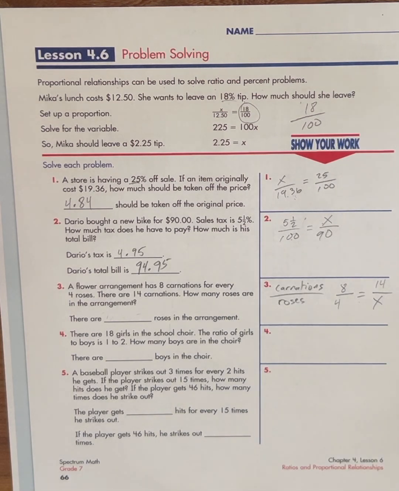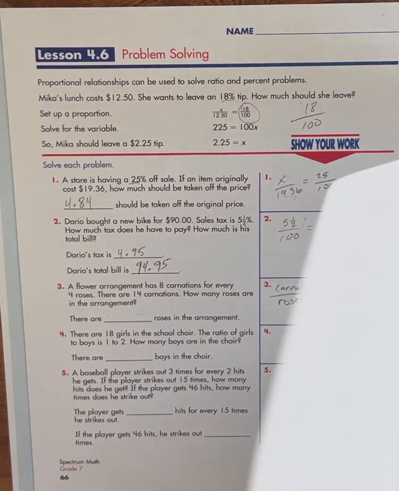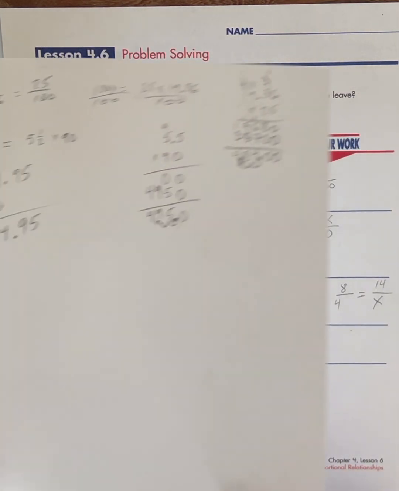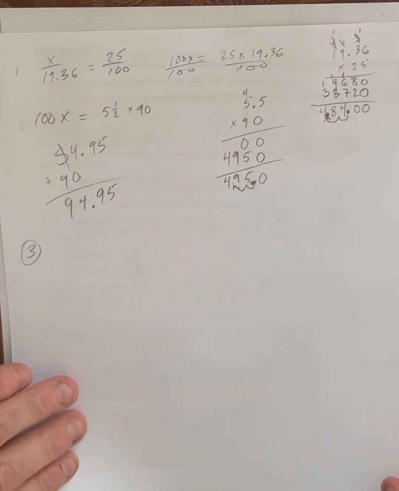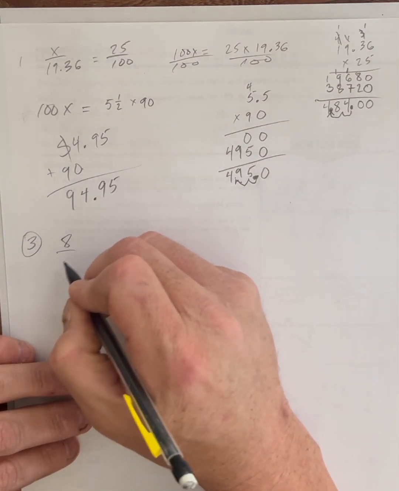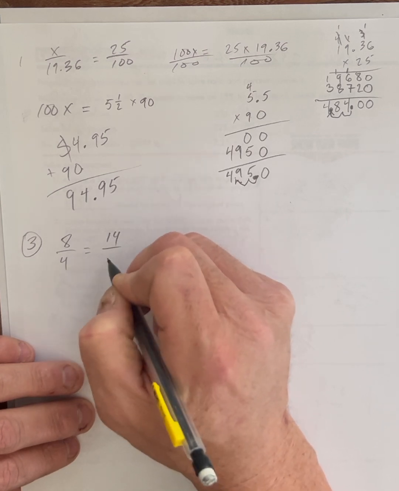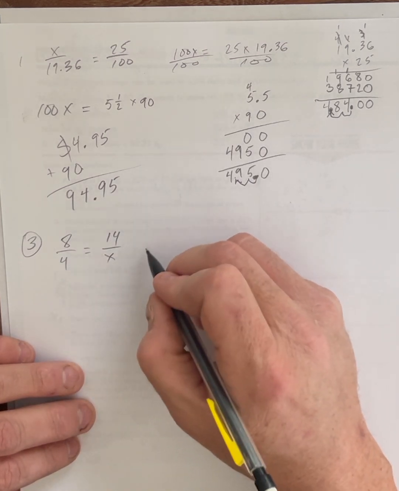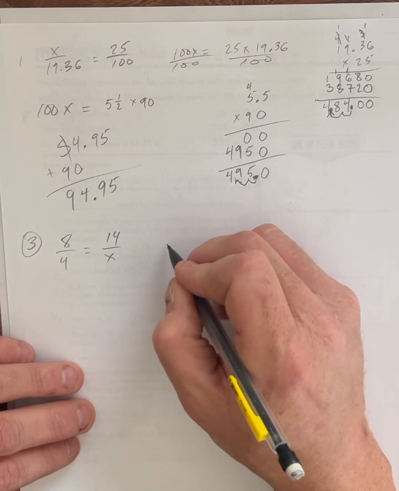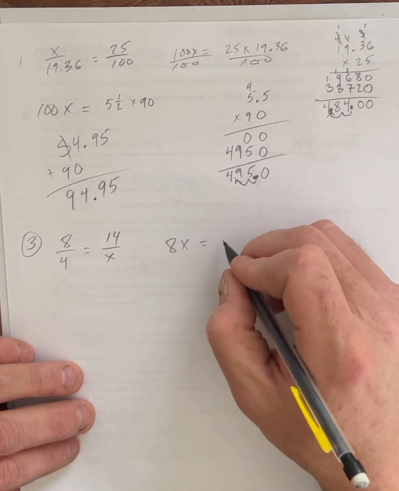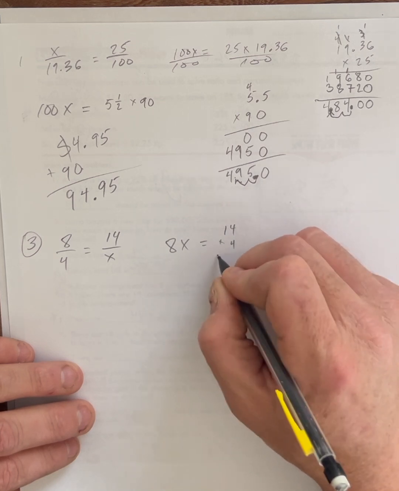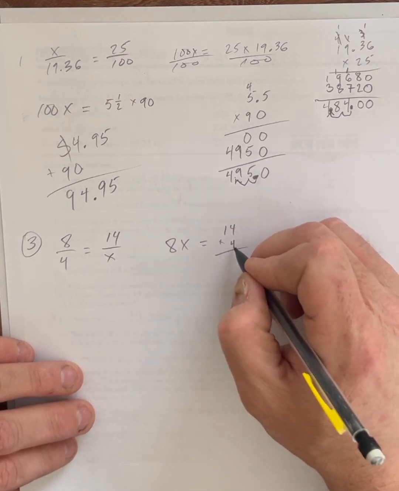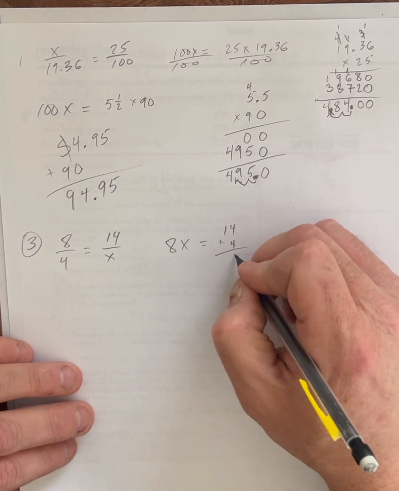Okay, there's my cross multiplication. I got 8 over 4 equals 14 over x. So we're going to cross multiply. 8x is equal to 14 times 4. 4 times 4 is 16.